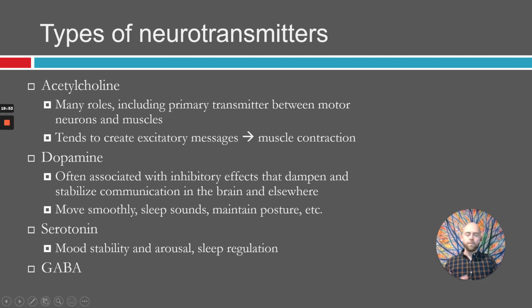Serotonin is one that we know has a lot to do with mood stability and how aroused your different physiological components are, and again, regulating your sleep. We know that serotonin has a lot to do with mood because we can use different medications frequently to help stabilize your levels of serotonin, or save serotonin, as it were. We'll talk about that more when we get to treatments for disorders.